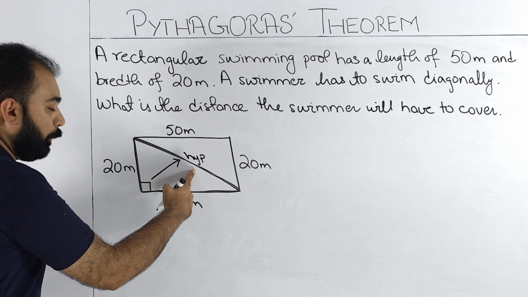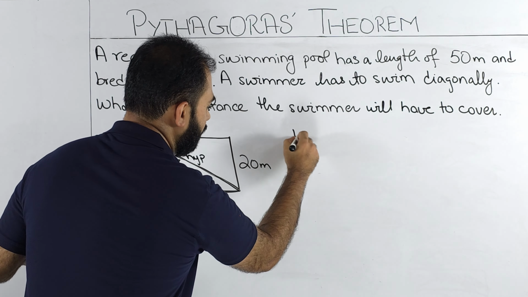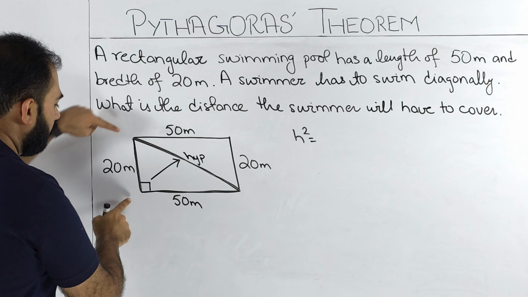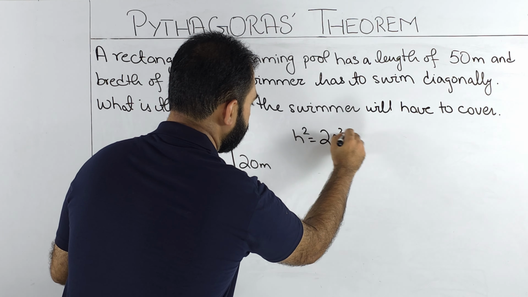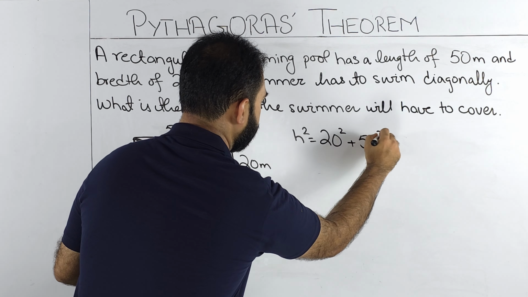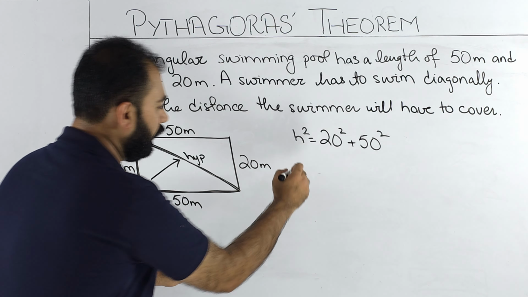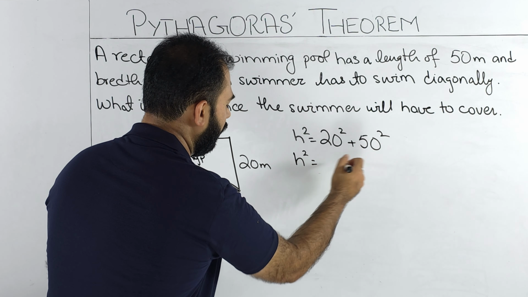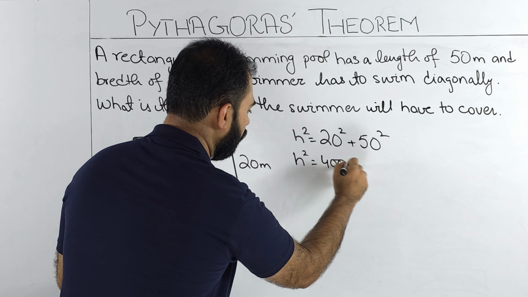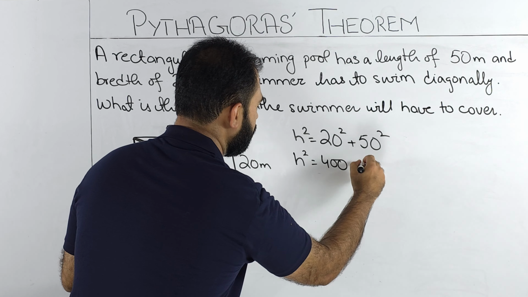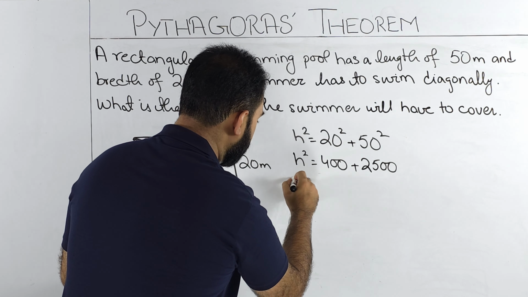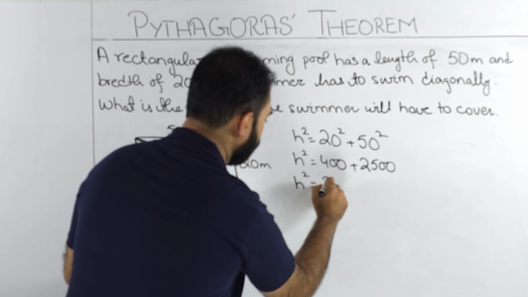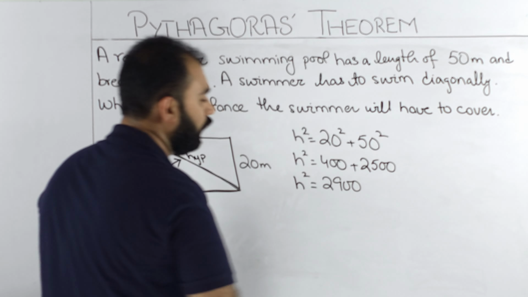Now, hypotenuse square, I'll say h square is equal to 20 square plus 50 square. h square is equal to 20 into 20 is 400 plus 50 into 50 is 2500. Now h square is equal to 2900.